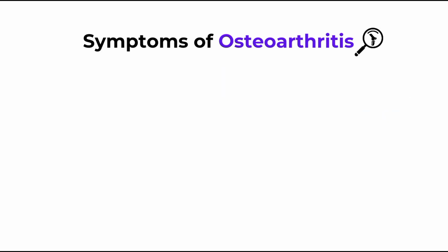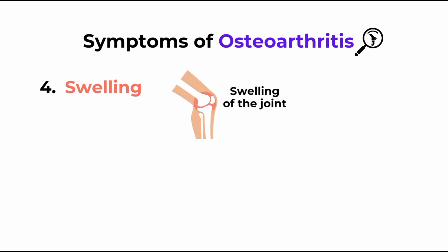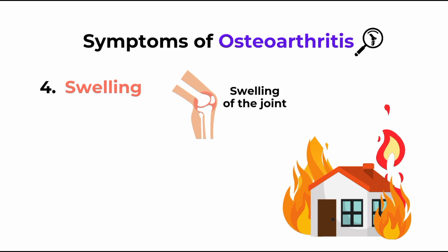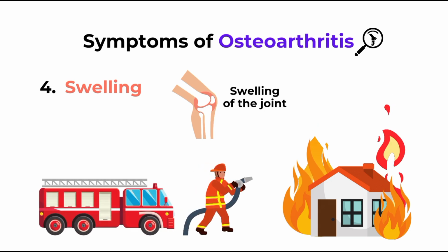Another symptom that's worth mentioning is swelling. Sometimes patients that have osteoarthritis also come down with swelling of the joint. The way to explain this is that if there's been a fire incident, the people you usually call to put out the fire are the fire brigade. And what do they come with?